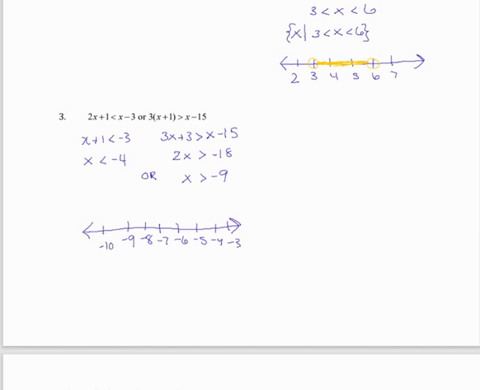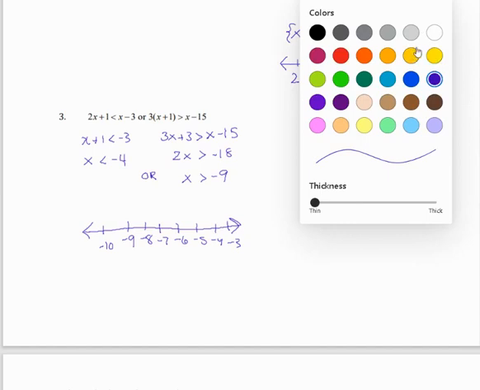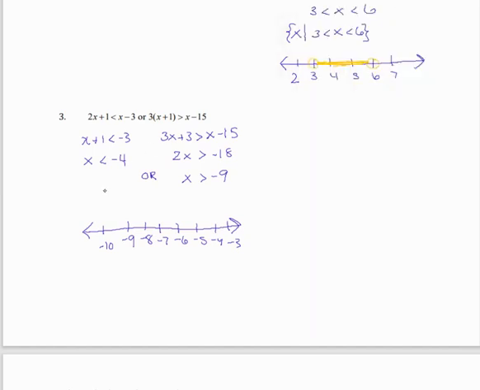Okay, take a different color. So I need to be less than negative 4. So here I am, less than negative 4. That would mean to go to the left. This time it's an or statement. So it's saying I need to be less than negative 4 or greater than negative 9.